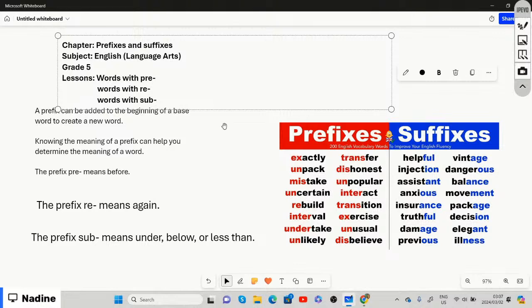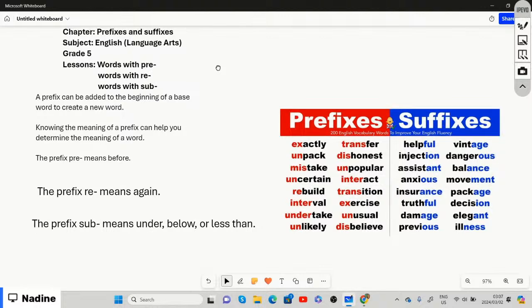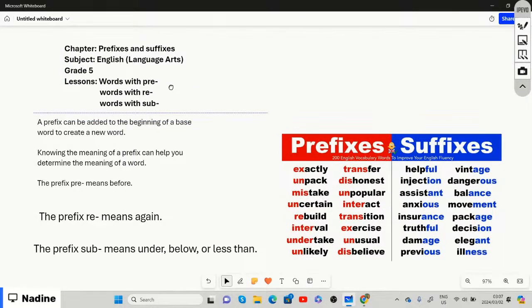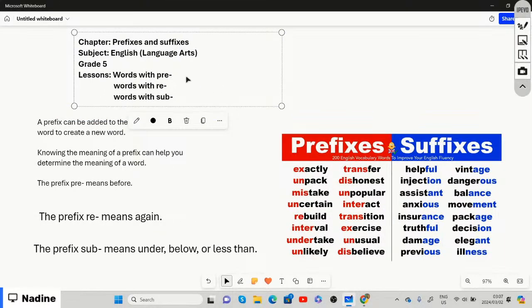So our chapter is prefixes. Our subject is English language arts, grade 5, and the lessons are words with pre, words with re, as well as words with sub. So that is going to be our focus lessons for today.